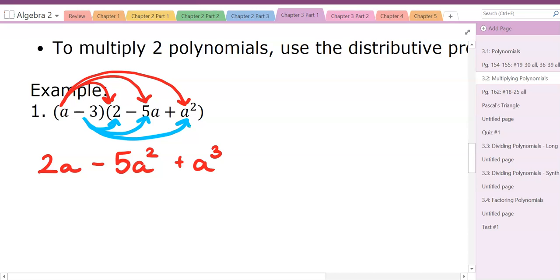So I'm taking negative 3 times 2, which is going to be negative 6. Negative 3 times negative 5a. Negative 3 times negative 5 is going to become positive 15, and then we have a attached. And negative 3 times a squared is going to become minus 3a squared.